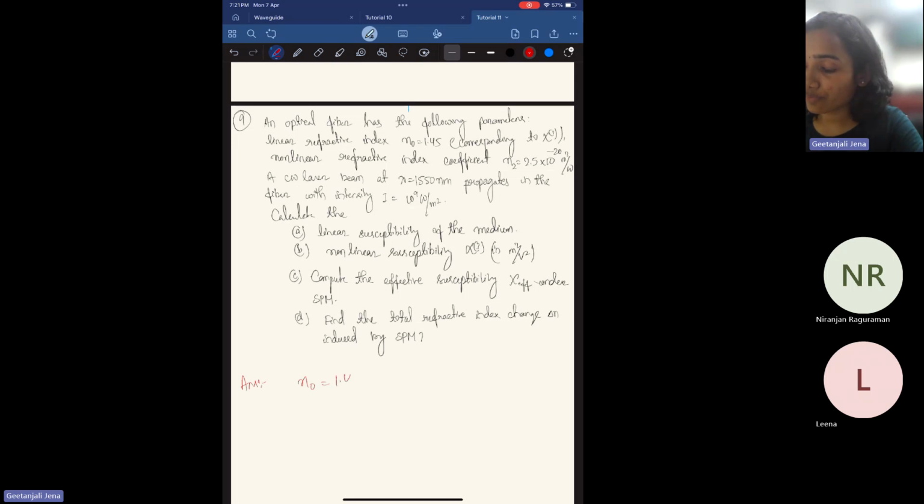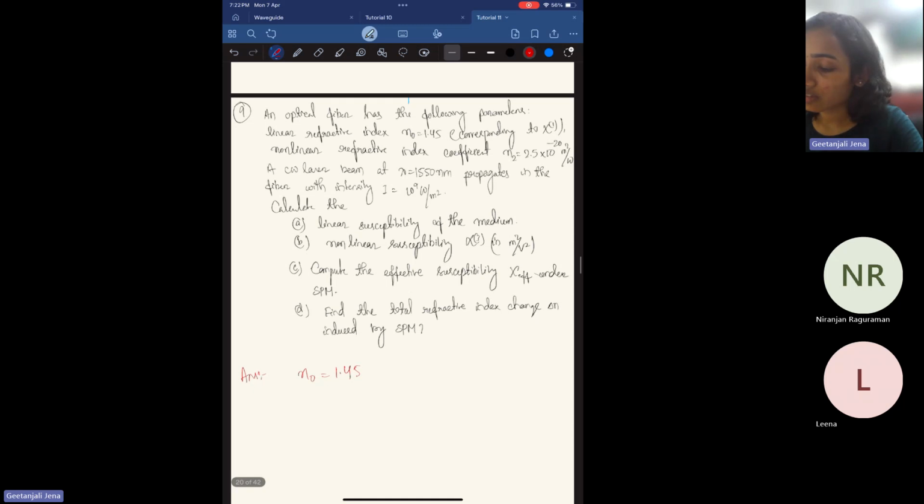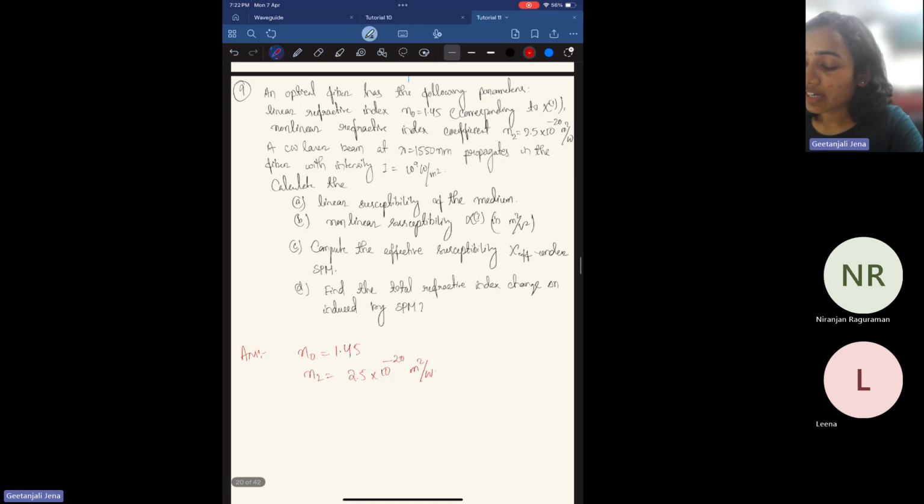is given as 1.45, and the nonlinear refractive index coefficient n2 is 2.5 into 10 to the minus 20. We are launching a laser beam at wavelength 1550 nanometer, which propagates in the fiber with intensity I of 10 to the power 9 watt per meter square.